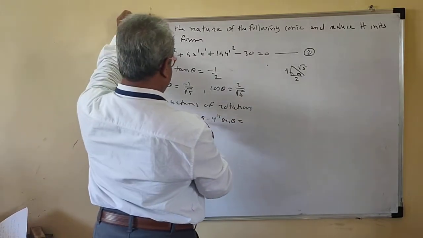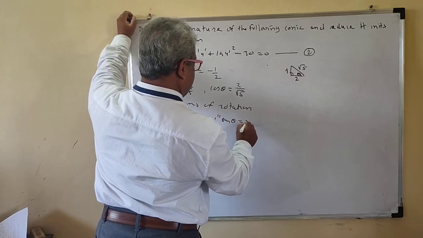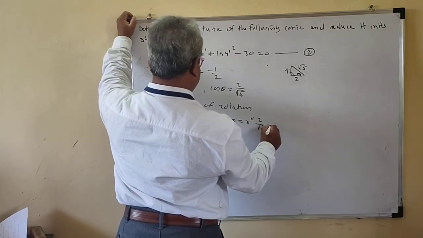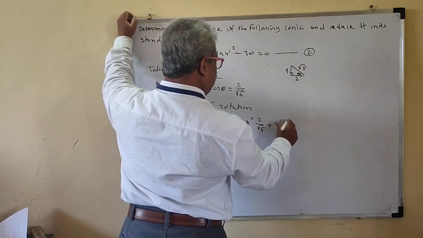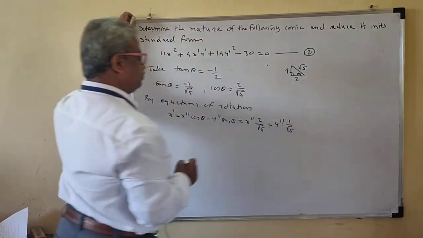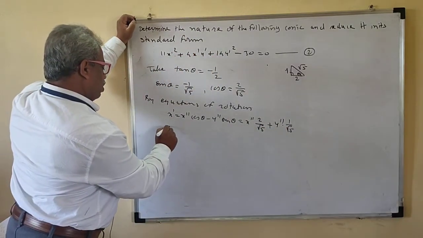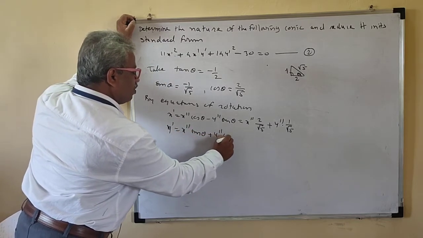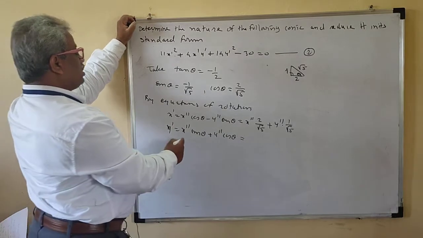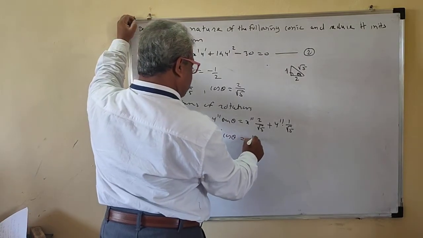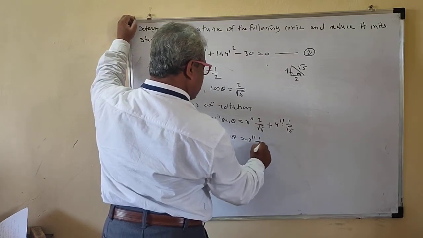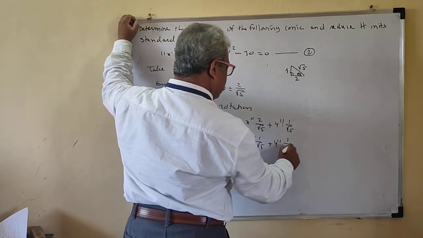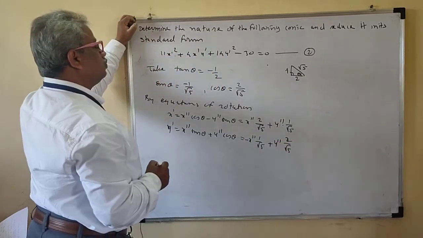Your cos theta is 2 by root 5, so x double prime times 2 by root 5 minus, which will become plus now, y double prime times 1 by root 5. And y prime is equal to x double prime sin theta plus y double prime cos theta. Your sin theta is minus 1 by root 5, so x double prime times minus 1 by root 5 plus y double prime times 2 by root 5.